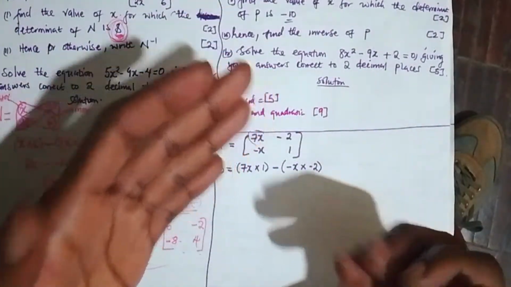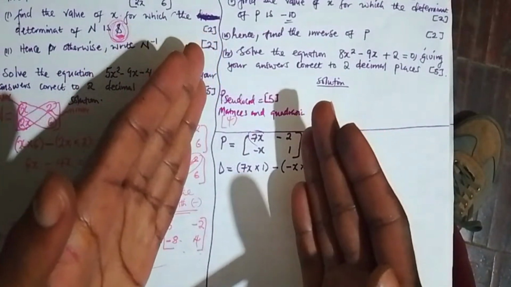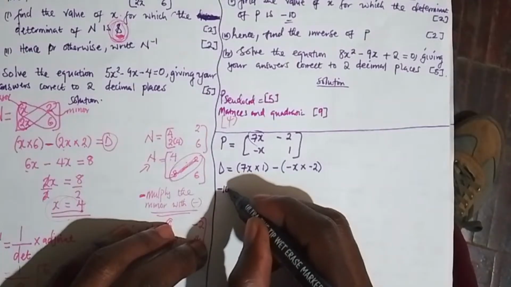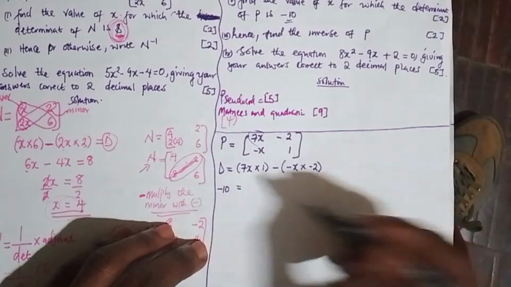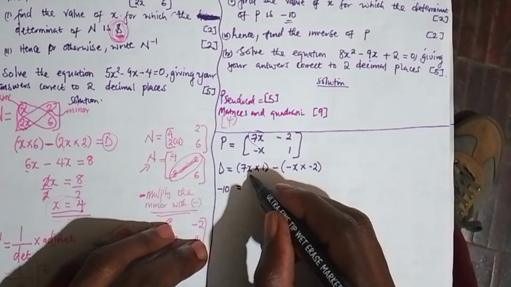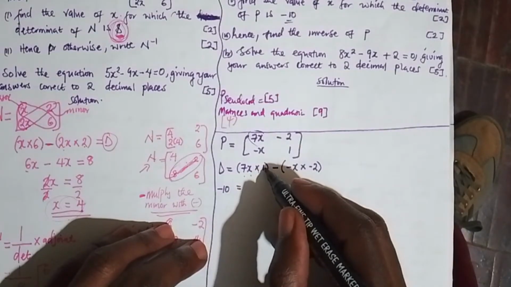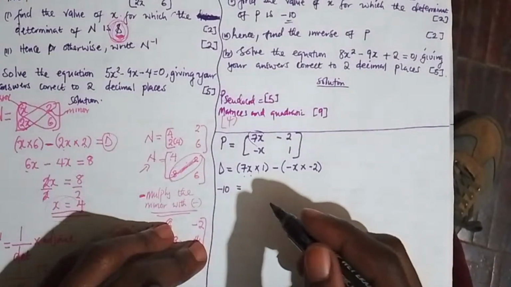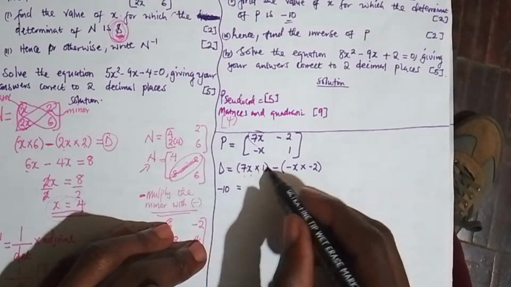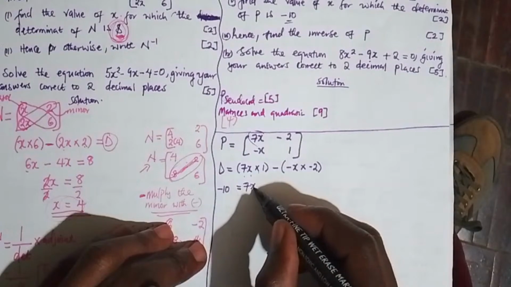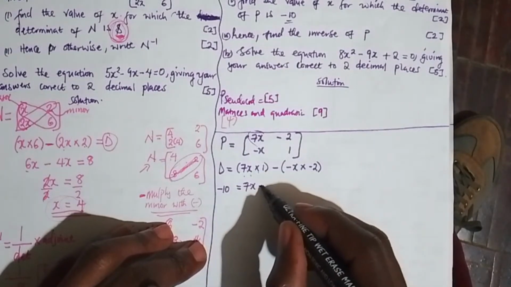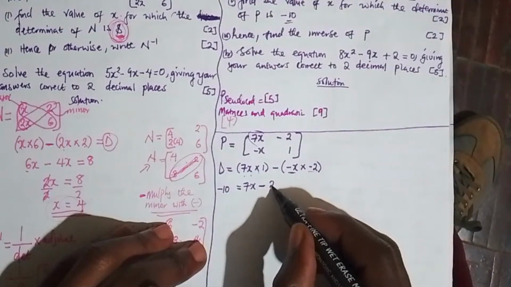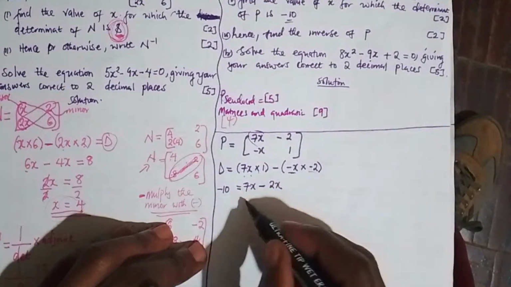Our determinant you have been given negative 10. So you say negative 10 is equal to 7x times 1, we have 7x, minus negative x times negative 2, we have positive 2x.